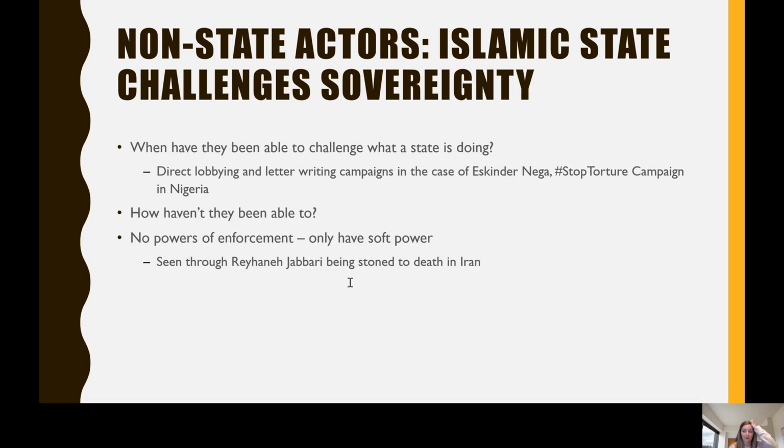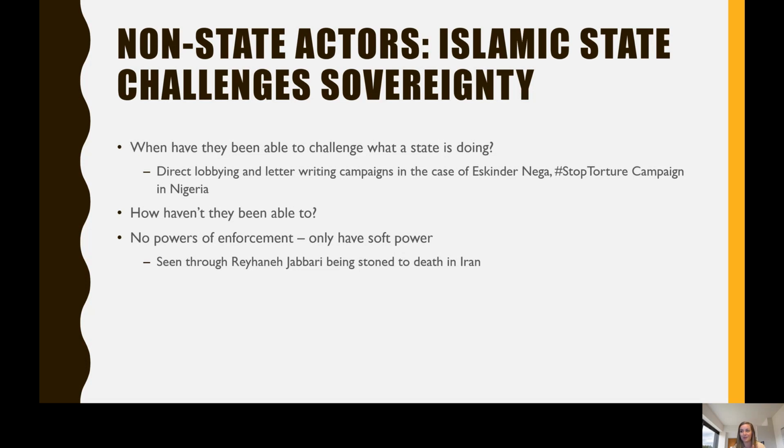You probably already have a lot of these in your notes, but through lobbying and letter writing campaigns, they did actually succeed in Eskinder, Niger. I'm trying to think of when this example was, but you can probably go back to your notes for this one. I can't really remember this one, to be honest. But they were successful at that.